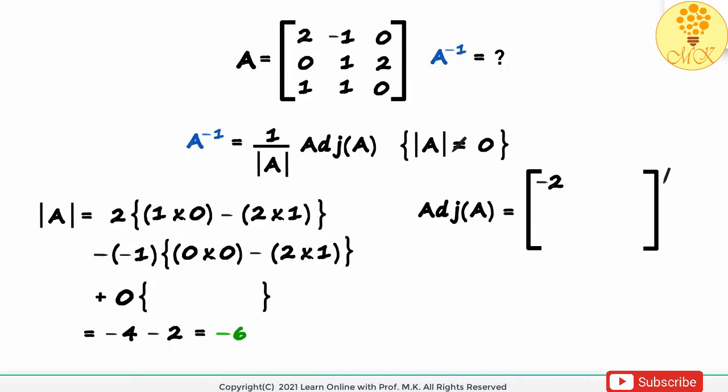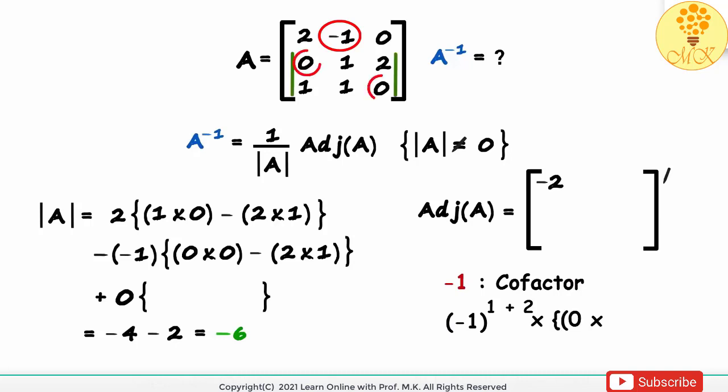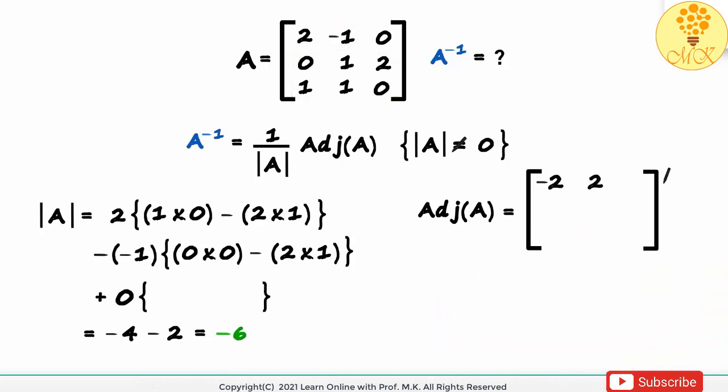Now we come to the cofactor of -1. It will equal -1 raised to 1 plus 2 times 0 times 0 minus 2 times 1. -1 times -2 is 2. Similarly, we get the cofactor of 0 as -1. Now please pause the video, take your time and solve for the remaining 6 cofactors.